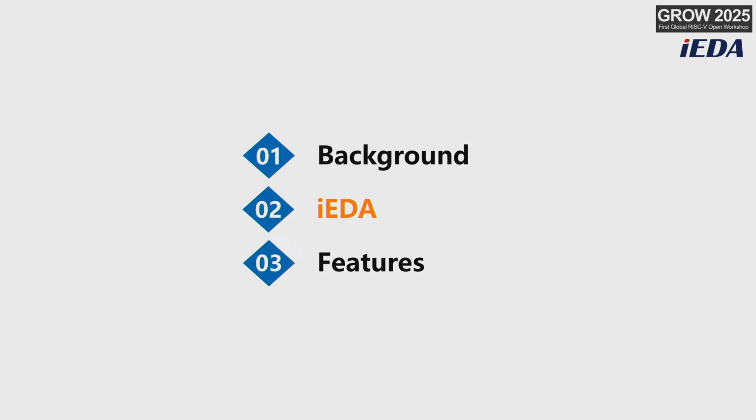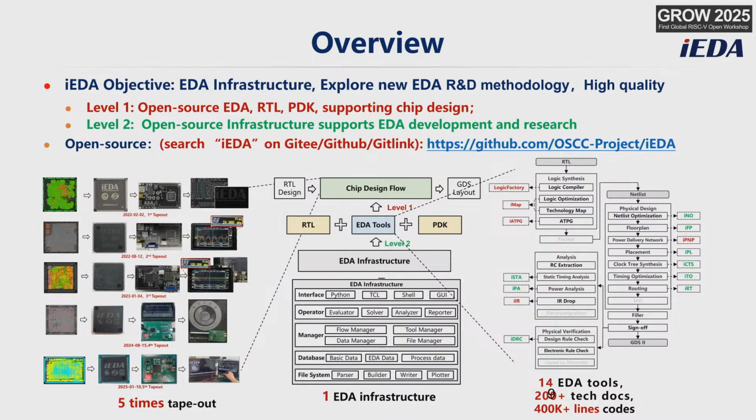So let's move to the iEDA project. The iEDA project consists of 1 EDA infrastructure and 14 EDA tools, and we have 5 taped-out chips based on the EDA tool chains. Here I also want to express our sincere thanks to all the contributors and users.